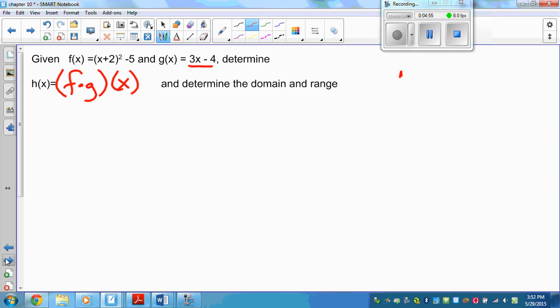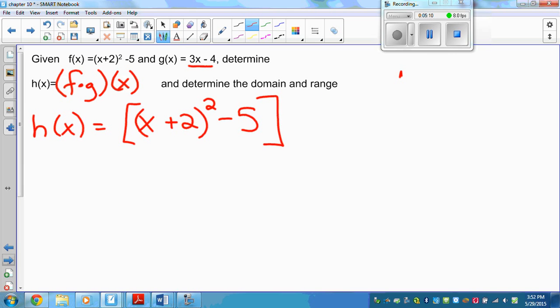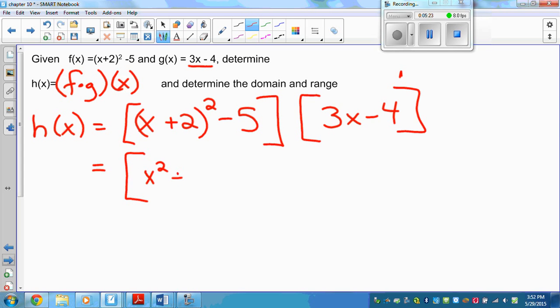Okay, so let's see what happens when we multiply these together. So I'm going to take my function f, and then I'm going to multiply that by g. So the first thing I'm going to do is work inside these square brackets and expand this. X plus 2 squared is x squared plus 4x plus 4.